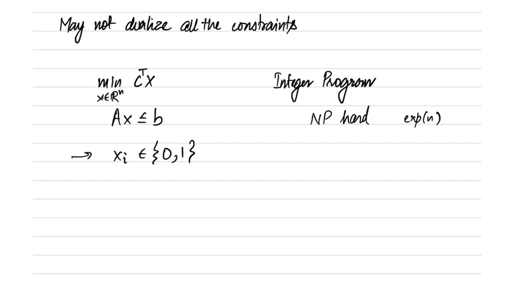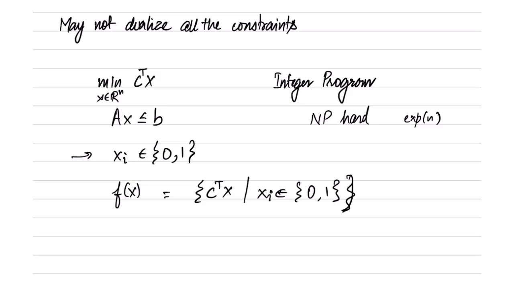In other words, let us define this function f of x equal to c transpose x for all x such that xi is 0 or 1. So I'm defining this function. You could say that the domain of f is all n-dimensional 0, 1 vectors.